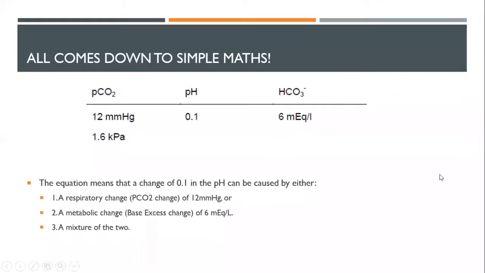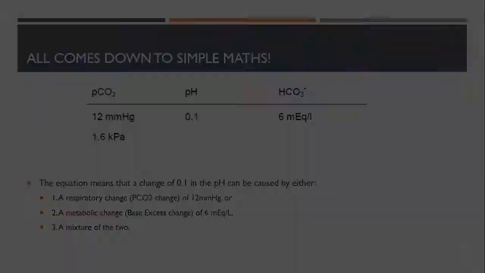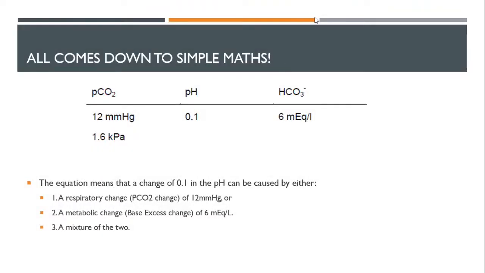So basically what it all comes down to, again, I said I like basics, is a bit of simple maths. So if you look at this table, it just describes the relationship between a change in pH and a change in PCO2 or bicarbonate. So for every 0.1 change in your pH value, that can be accounted for by a change in either your bicarbonate or your PCO2 or both.